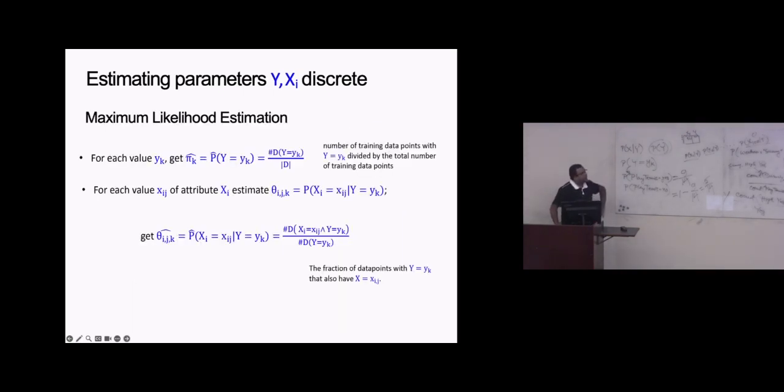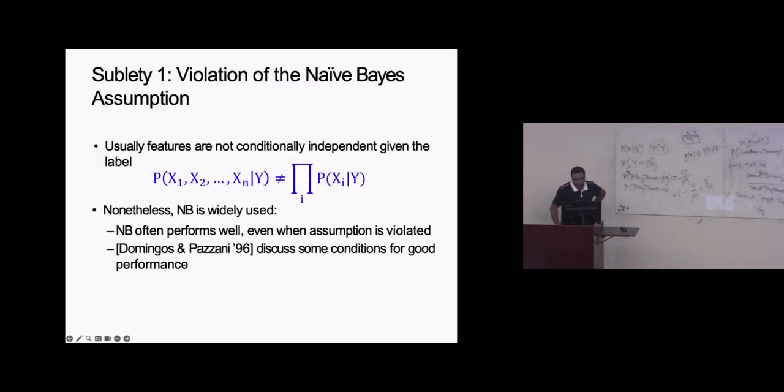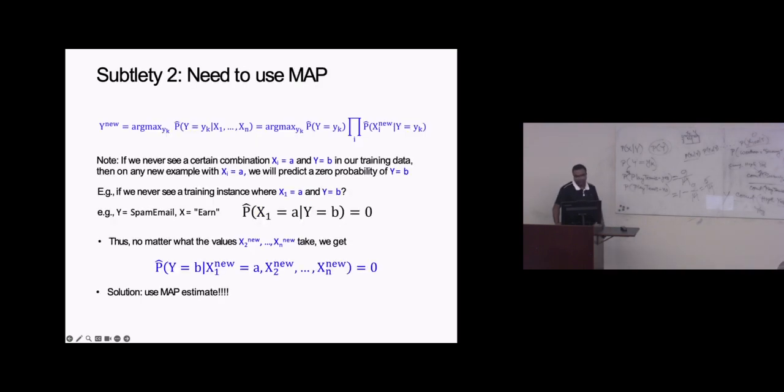We have seen this example, and we can compute numbers like this, but even then they can become 0. And the issues are, there are cases where the naive Bayes assumption will be violated, and the use cases will not be properly served. And then we need to handle these 0 probability issues, right?